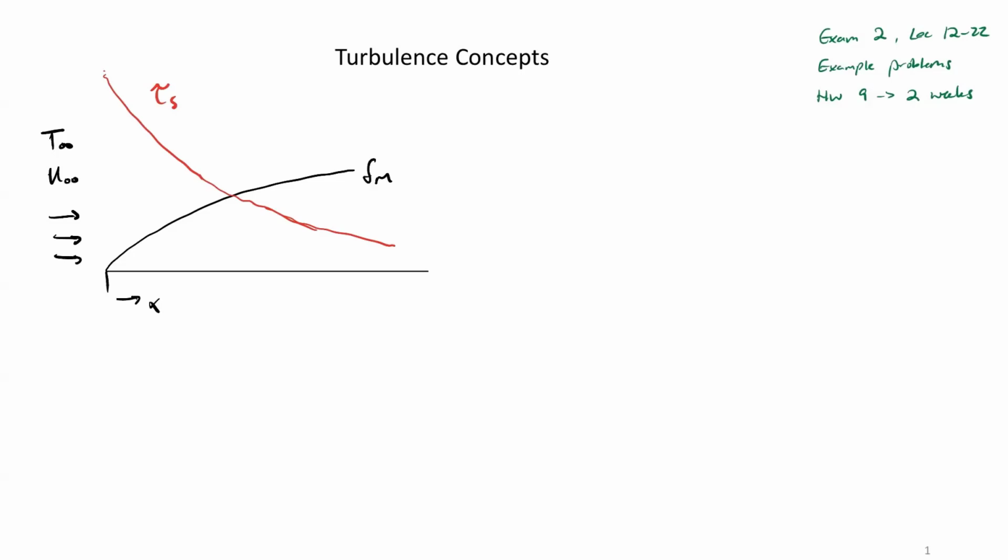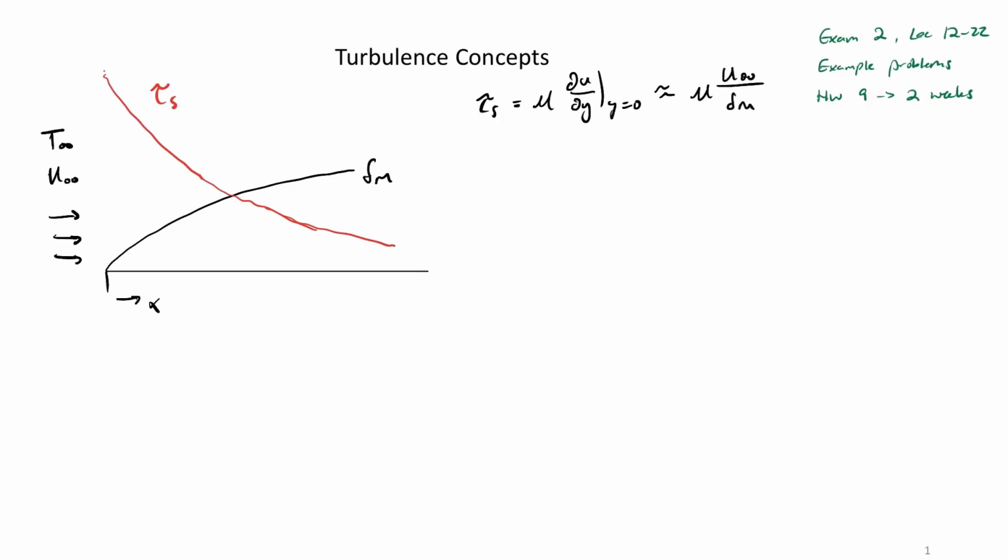So if we think a little bit about this, tau S, the definition of that was what? Mu partial of U with respect to Y evaluated at Y equals 0. We approximate that as mu times the biggest dU possible, which is U infinity, divided by dY, which is what?